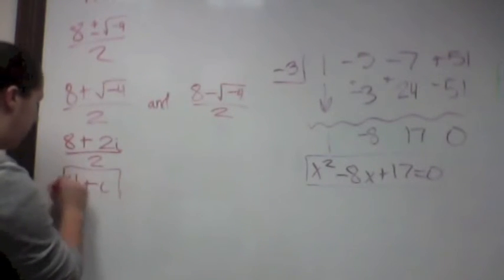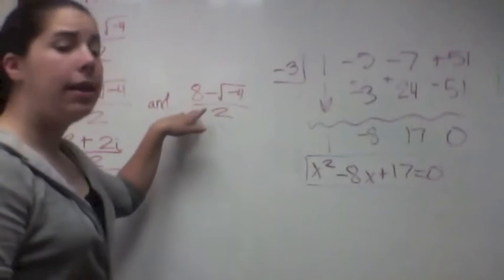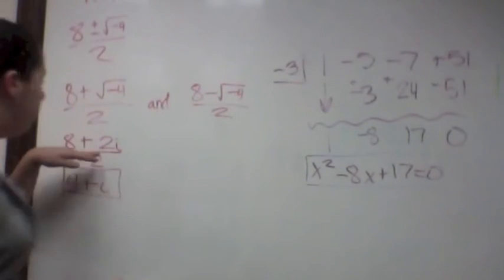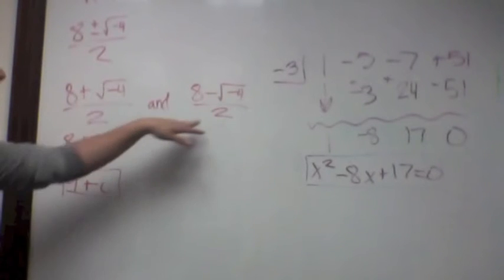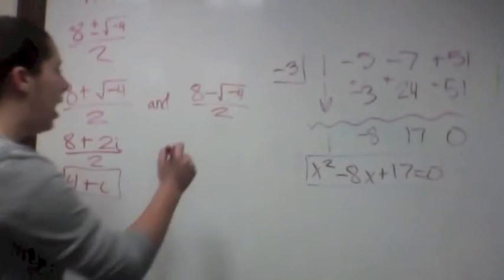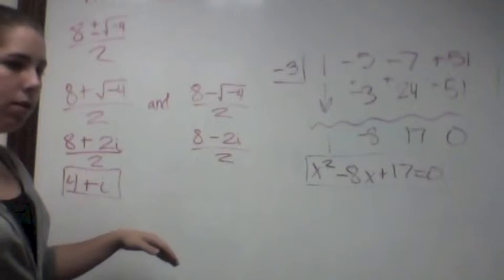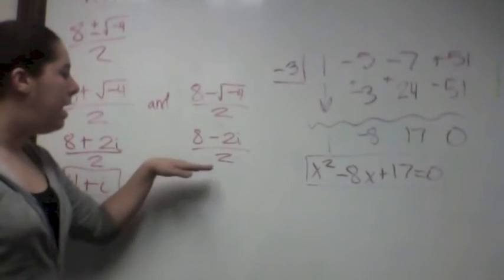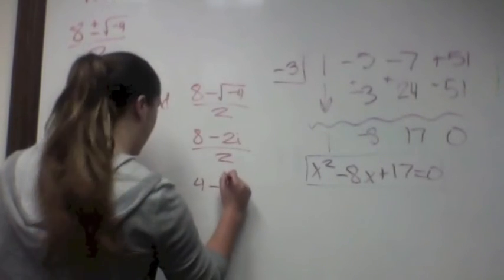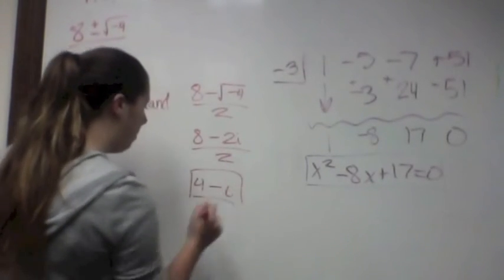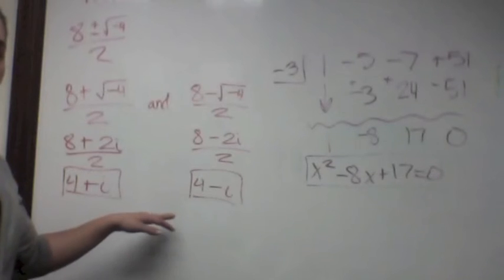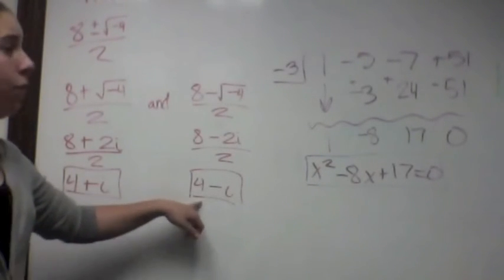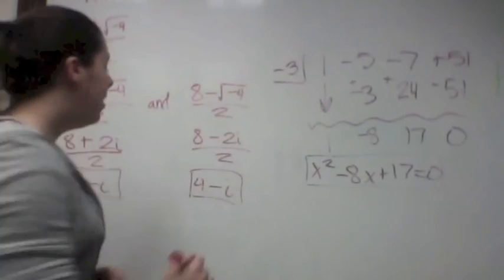And that is one of our answers. Next, we simplify 8 minus the square root of negative 4 over 2. Just like before, the square root of negative 4 becomes 2i, and because all the numbers are divisible by 2, we get 4 minus i. And that is another answer. So our answers will be 4 plus i, 4 minus i, and negative 3.